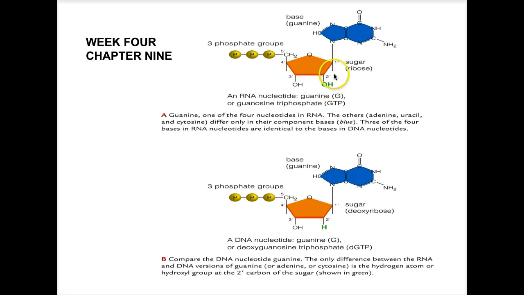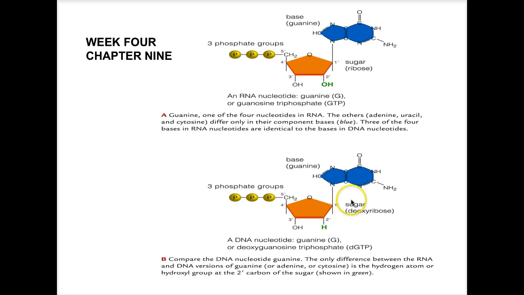A 5-carbon sugar is central in both nucleotides. In RNA, the 5-carbon sugar at carbon number 2 has a hydroxyl group. And down here in the DNA, the 5-carbon sugar only has a hydrogen. That's why this is called deoxyribose, because deoxy means without oxygen. So if you compare the carbon 2 on the ribose to the carbon 2 on the deoxyribose, you can see deoxyribose is without an oxygen.